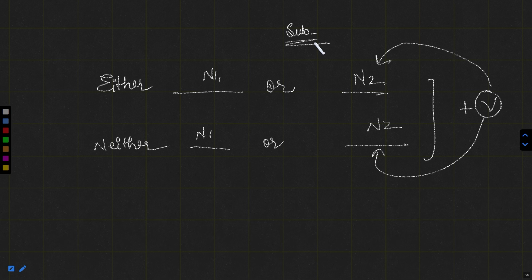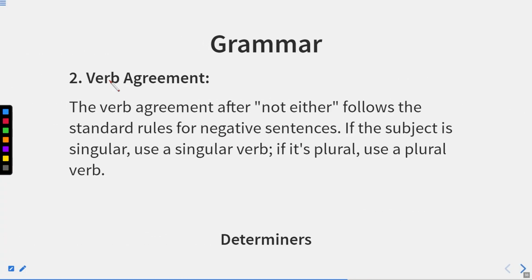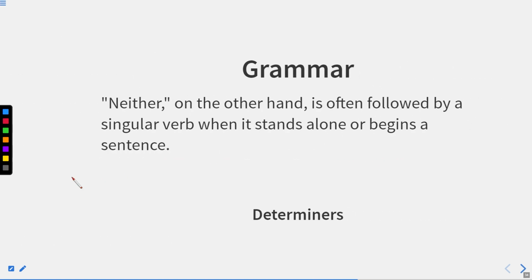And if we have two verbs and only one noun, then also the verb depends on the noun only. For example, the verb agreement after not either follows the standard rules for negative sentences. If the subject is singular, use a singular verb. If it is plural, use a plural verb. It is for not either.